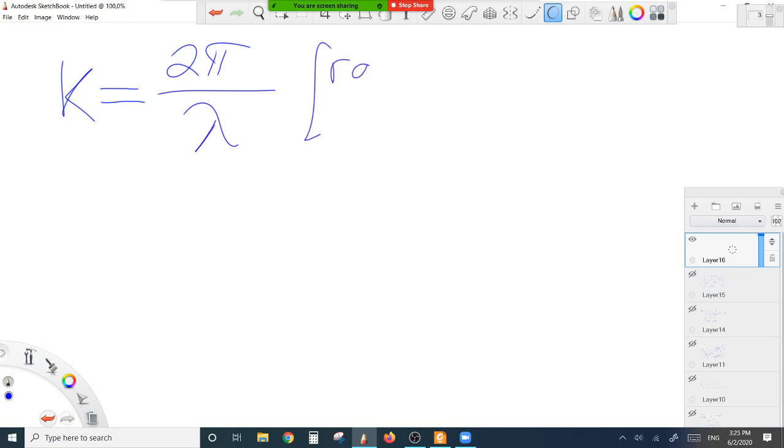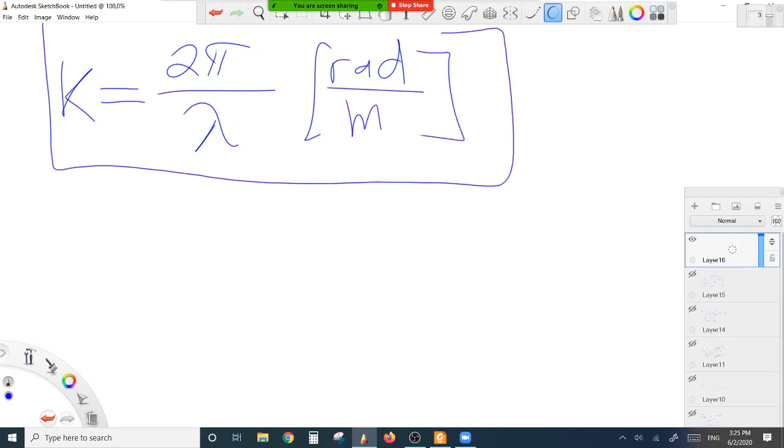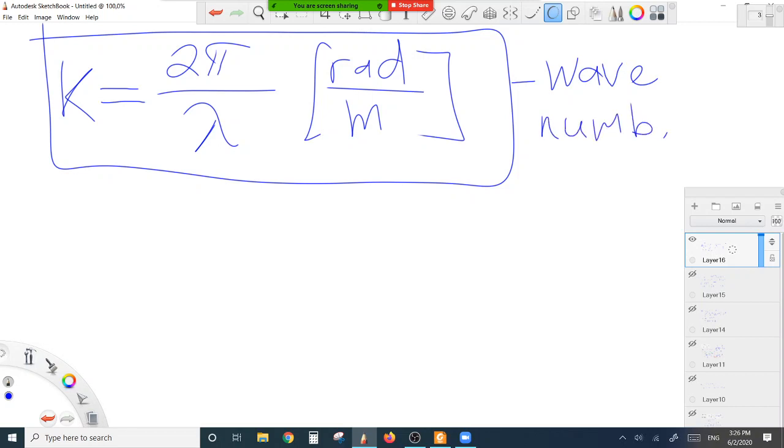The unit of measurement is radians per meter, and K is called the wave number.